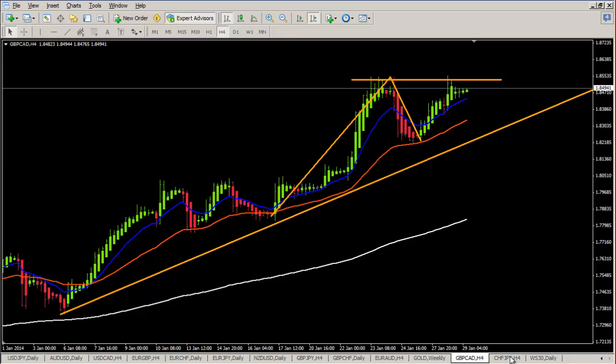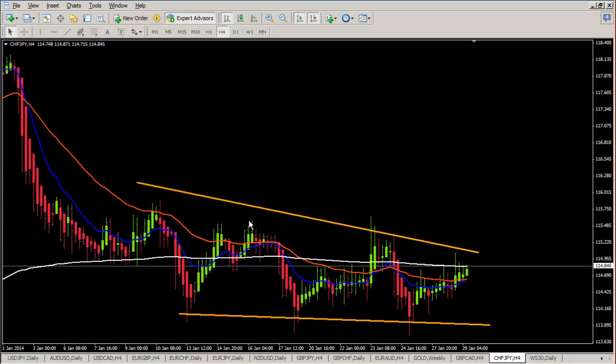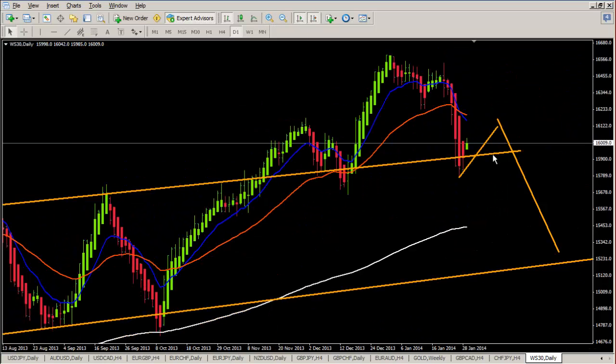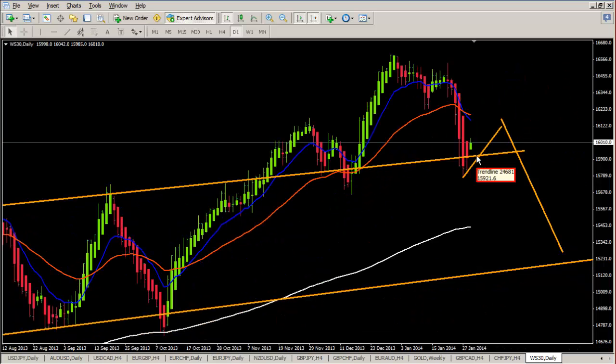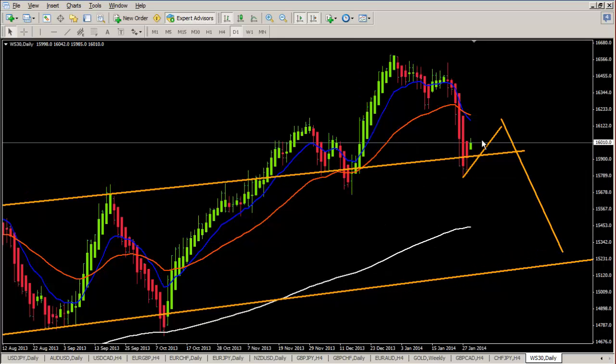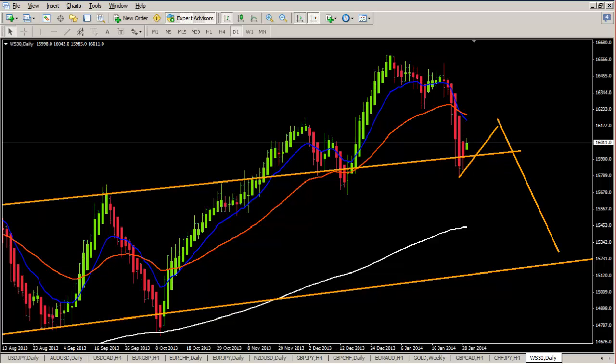And CHF yen, as we said yesterday, stuck there. Don't have to look at it right now. The Dow did bounce. Remember yesterday we said this channel here is acting also as support. This whole area here is acting as support, and it looks like it wants to retrace a little bit, but if we don't get a clean setup here, or below, then it's not worth looking at all.